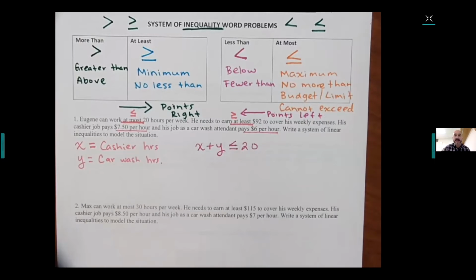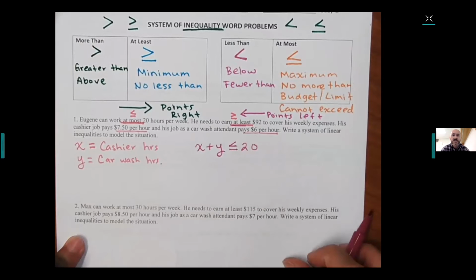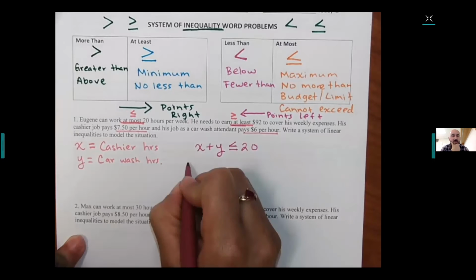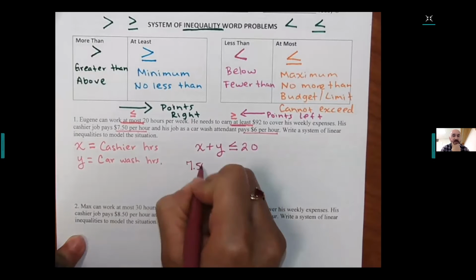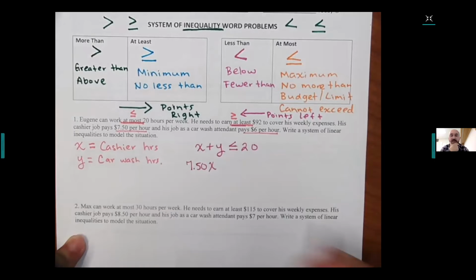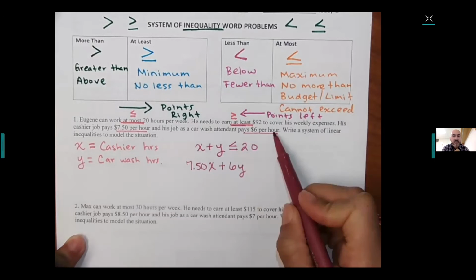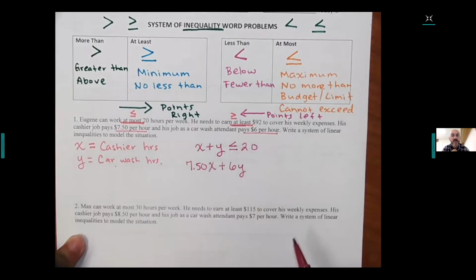So the next sentence is he needs to earn at least 92. So we need to multiply how much, I think it's a she, right? She gets paid per hour. So it's going to be 7.50 times X. That will be for the cashier job. And then plus, and we need to add 6 times Y. That will be how much she gets paid for the car wash job.